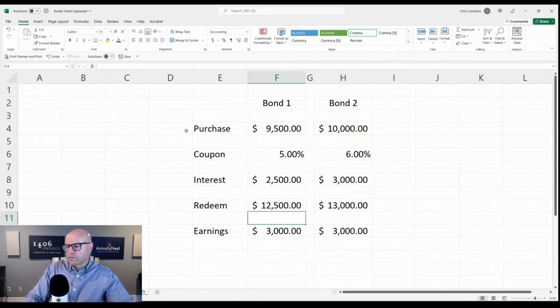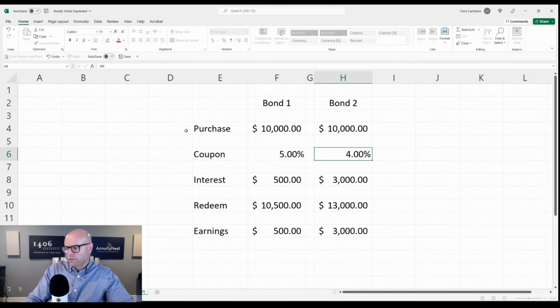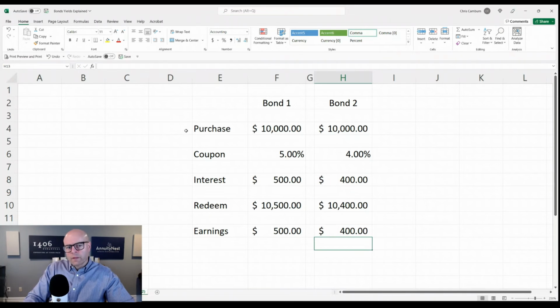So conversely, let's look at what happens if rates go down. Let's say your bond pays $500 of interest, and new bonds pay 4%, so that's $400 of interest, right? All right, so you've had your bond, and it doesn't matter how long you've had it.